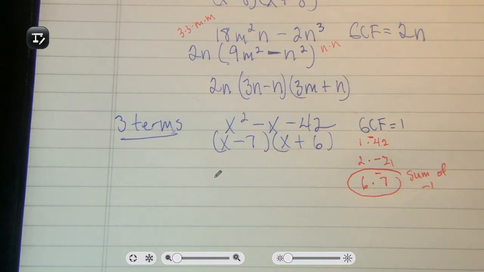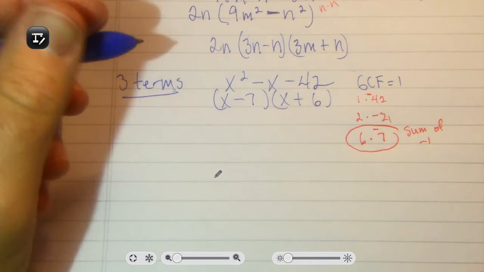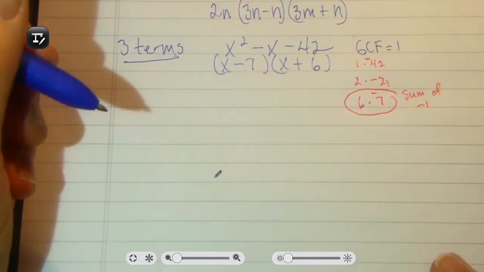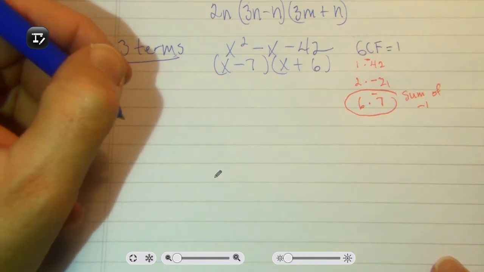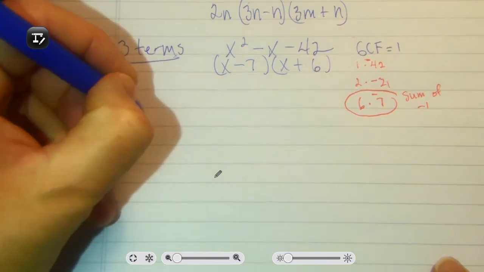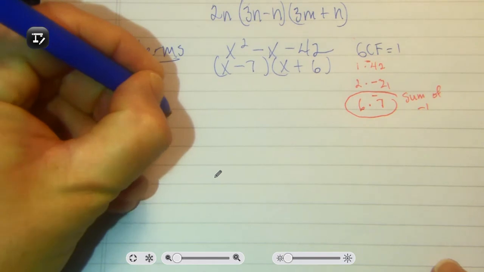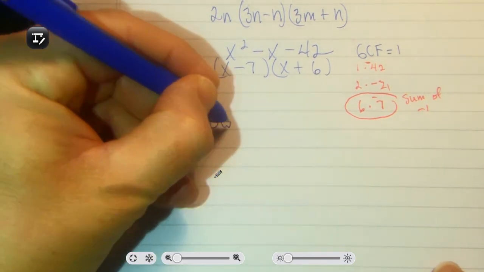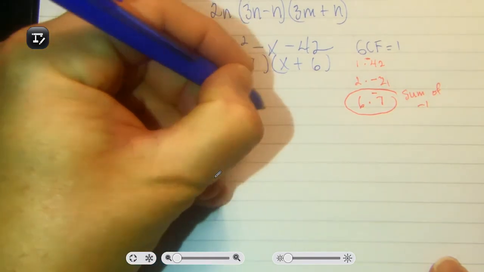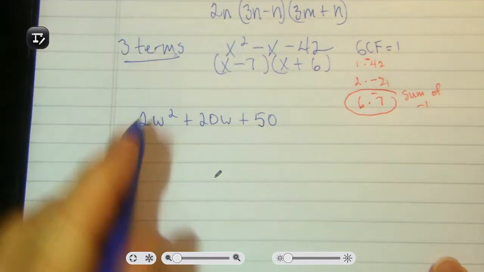Let's look at one more example of a trinomial. Another 3-term trinomial. Trinomial has to be 3 terms. 2w squared plus 20w plus 50. Well, let's see.